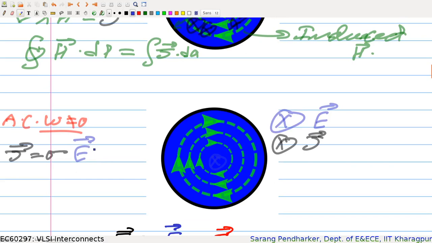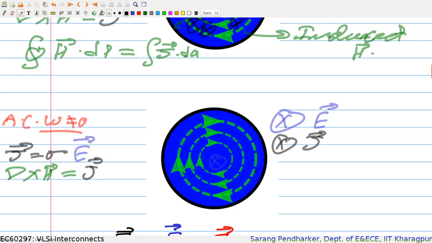And because of this J, there is a magnetic field H, or say curl of H equal to J, and this magnetic field is going in this direction.